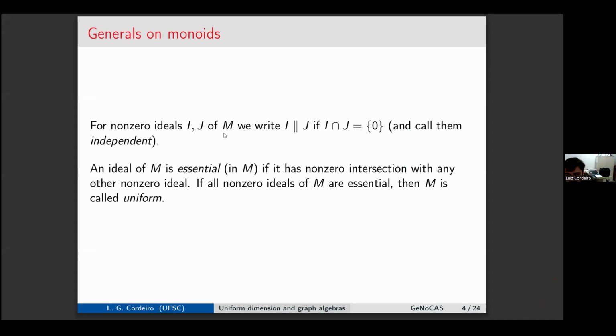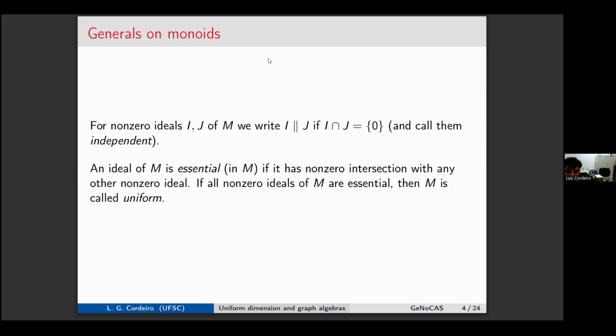Two ideals of M are called independent if their intersection is trivial. That is the same as saying, at least for conical and cancellative monoids, that the elements of I and J are non-comparable.